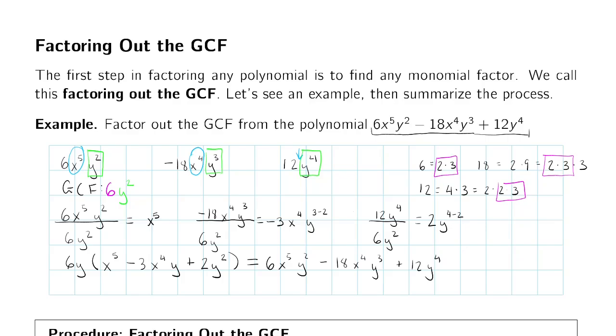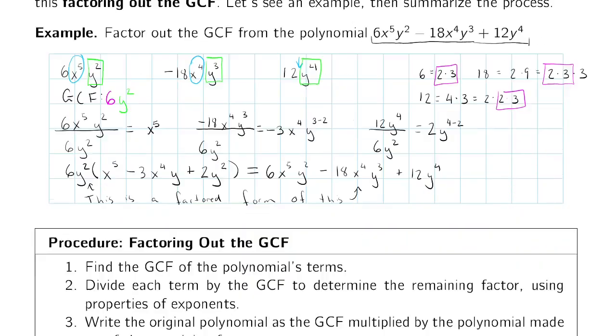And we can multiply that out, and we see that, yes, that actually works. So this is a factored form of the original polynomial. So we've just taken our polynomial and written it in a factored form by factoring out the greatest common factor.